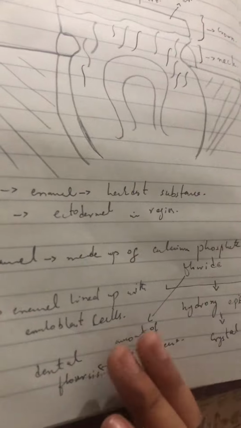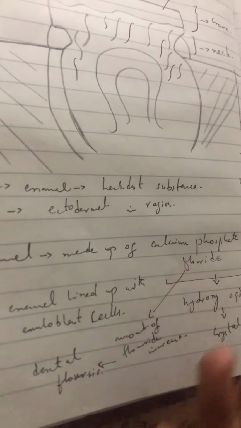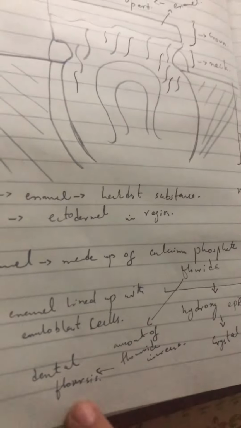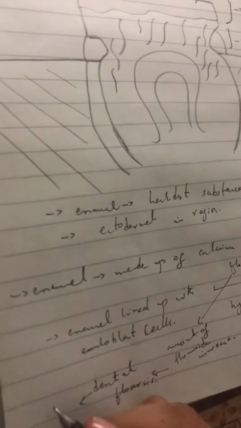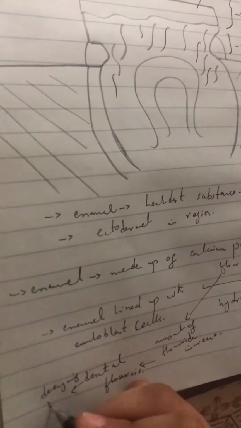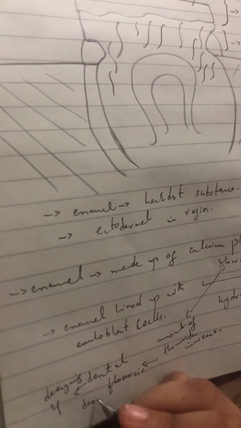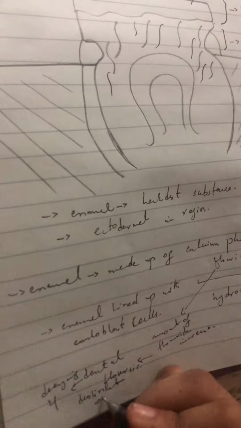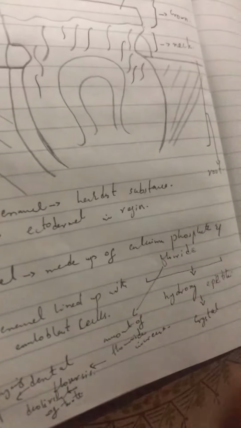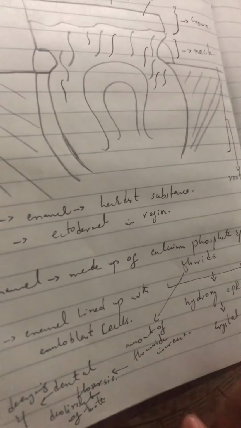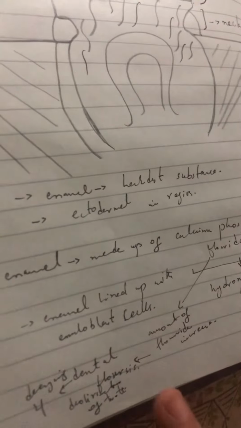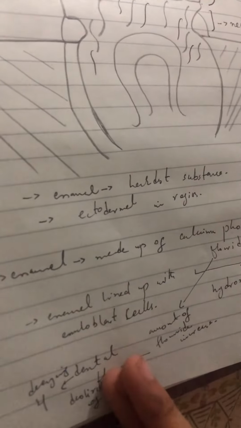When this happens, it will cause decaying of our tooth and decolorization of the tooth. So that was the enamel, the part of the crown.